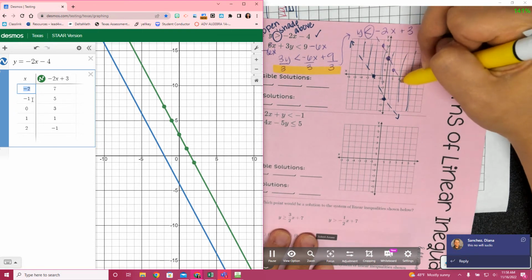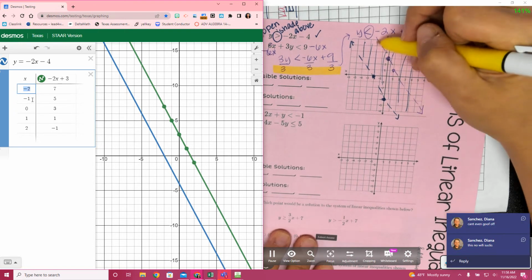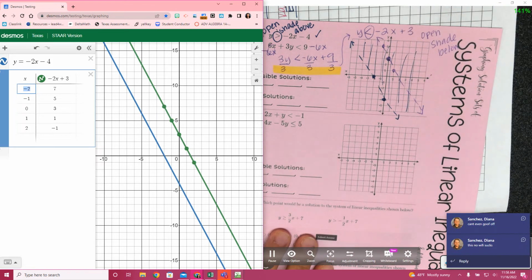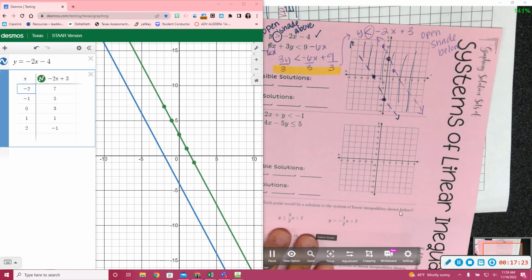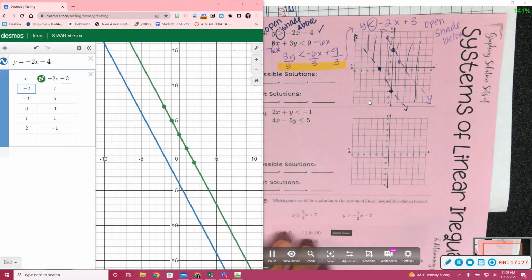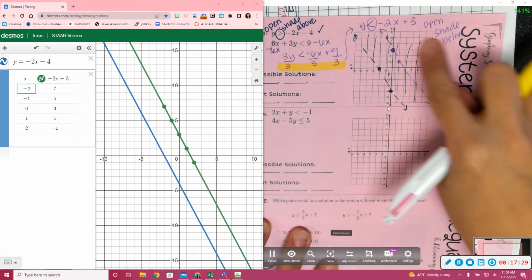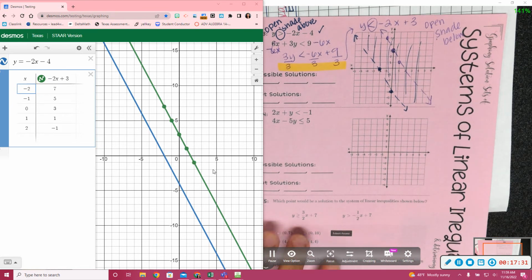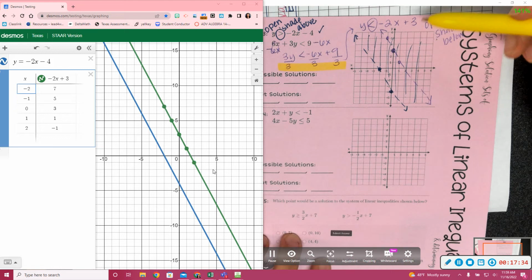And then again, it's an open line. Notice my graphs look less than parallel, but they are supposed to be parallel according to Desmos. No difference. Open line, and we shade below.